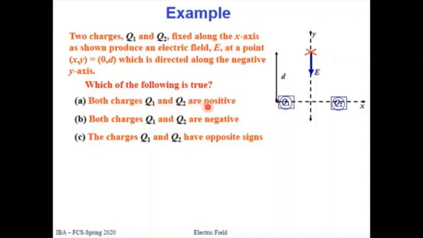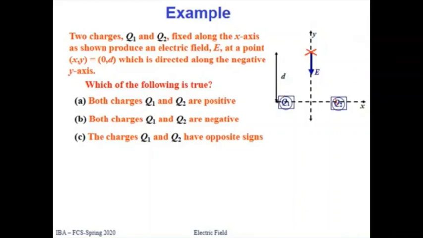If both charges are positive, and Q1 is positive, I'll just draw a direction from this Q1, something like this, and the direction of Q2 at this point would be here, for example. So in both cases, the net electrostatic field is somewhere between these, which is of course not correct.